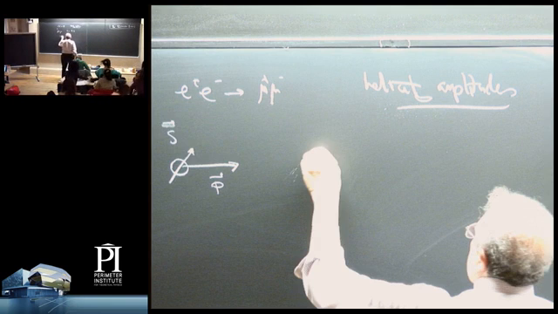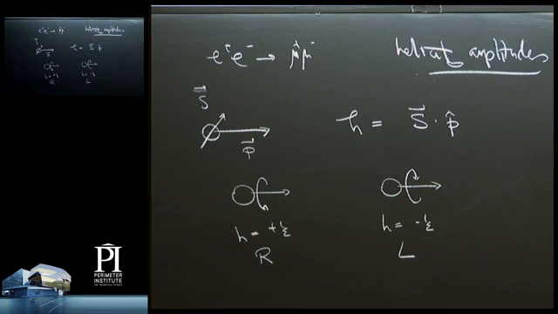A spin-1/2 object either has spin up or down along some axis. So we can have a spin which is helicity plus a half or helicity minus a half. And we would also call these a right-handed particle or a left-handed particle.